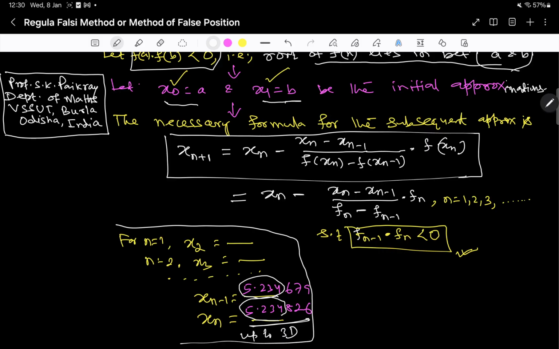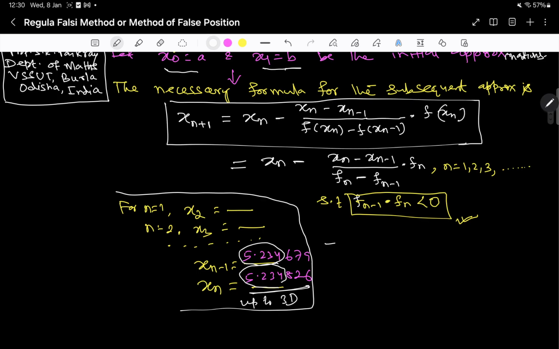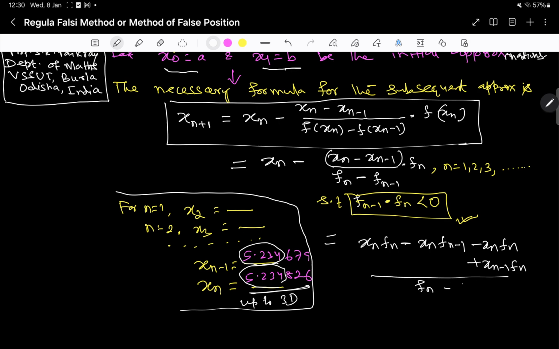If I re-simplify this formula with a little bit of calculation, this will give me xn into fn minus xn into f(n-1), then minus xn into fn plus x(n-1) into fn, divided by fn minus f(n-1). Let me simplify it.